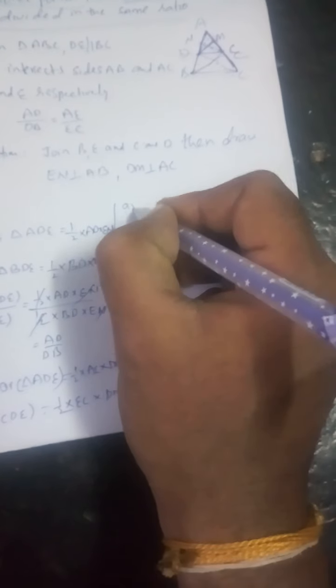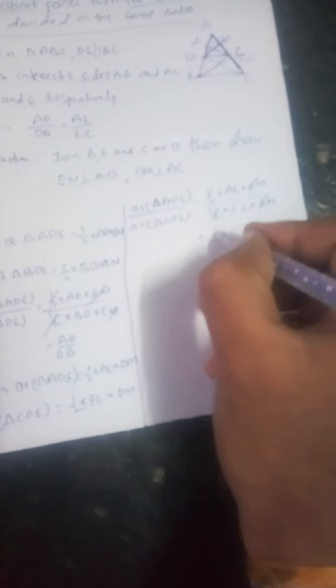Area of triangle ADE by area of triangle CDE is equal to half into AE into DM by half into EC into DM. Half and DM cancel, giving AE by EC.